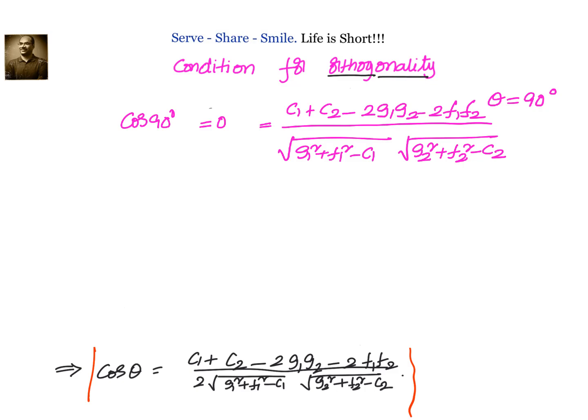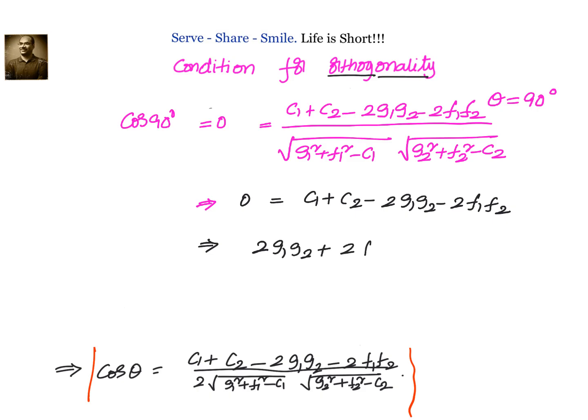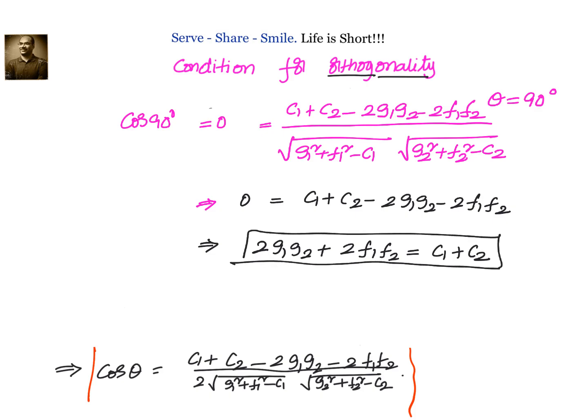Now denominator will become 0, so that will give us 0 equals to c1 plus c2 minus 2g1 g2 minus 2 f1 f2. So we will have 2g1 g2 plus 2 f1 f2 is equals to c1 plus c2. This is the condition for orthogonality of two circles, what we have to remember.